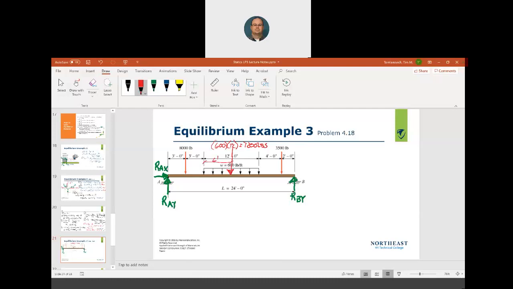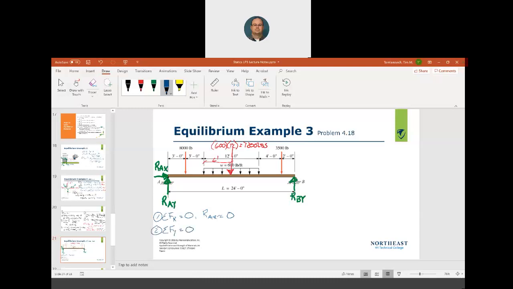Step 1. Sum of the forces in the x direction equals 0. Okay, so we get RAX, positive, right, equals 0. There's no x forces. Step 2, sum of the forces in the y direction has to equal 0.